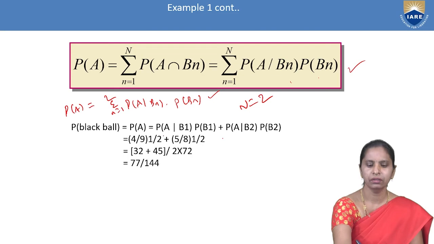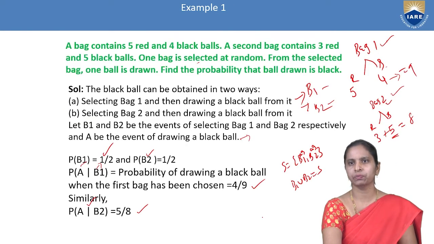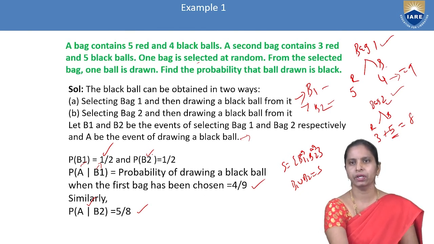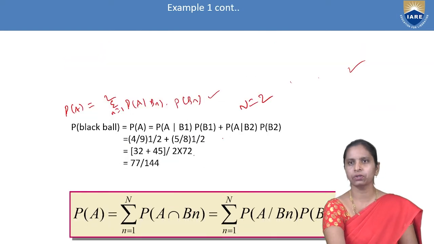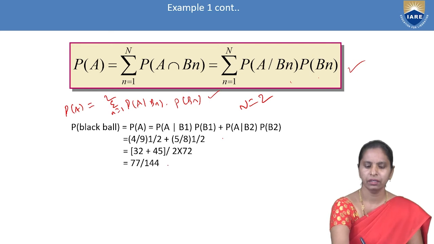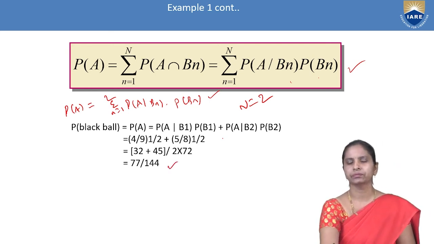Already we have written P of A by B1. What is the value? It is 4 by 9. P of A by B2 is 5 by 8. P of B1 is 1 by 2, and P of B2 is 1 by 2. Substitute all these values in this formula. Then you can calculate the probability of drawing a black ball from any bag.